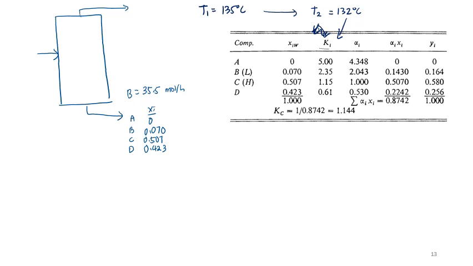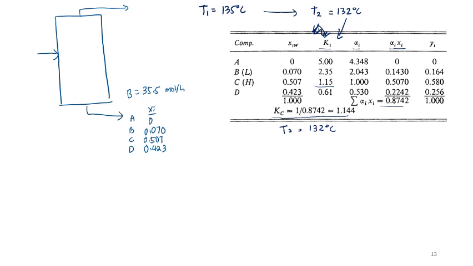After they get the K values, they calculate the alpha I, and then the product of alpha I xi and the summation of alpha I xi. Finally, they check the value of Kc, which is now 1.144 compared to the old Kc at 132, 1.15, which is close enough to 1.144. So the final temperature of the boiling point of this bottom product remains at T equals 132 degrees Celsius.